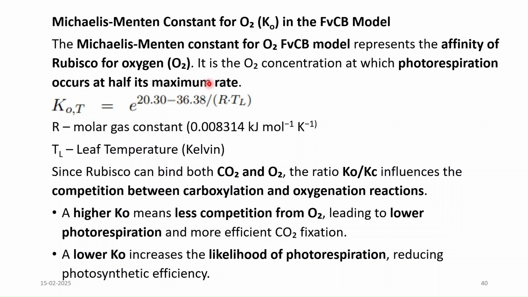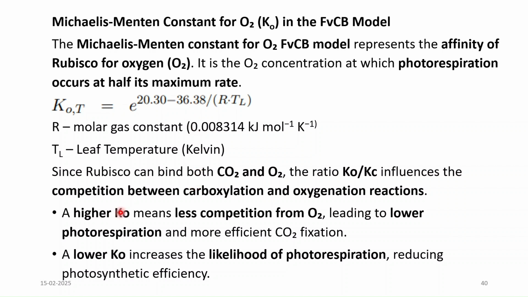That is, the reaction happening here is oxygenation, and the substrate concentration, the oxygen concentration, when photorespiration is going to occur at half its maximum rate gives us the value of the Michaelis-Menten constant for oxygen. So it is also a temperature response function and is given by an equation similar to the Kc value, except that the scaling parameter and the activation energy vary.